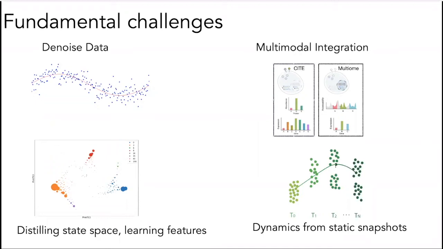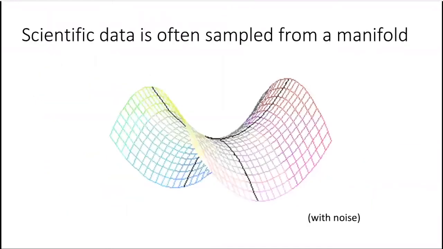So these are all sort of fundamental challenges, but I have found in my work that a really key assumption that actually helps address these challenges is the realization that scientific data is often sampled from a manifold. So it might look like you have points, but underneath the points is some kind of manifold structure.